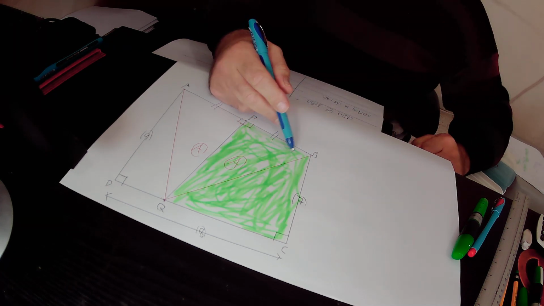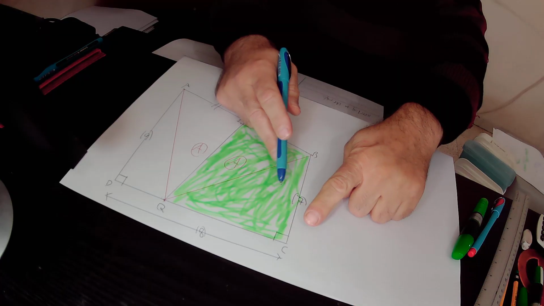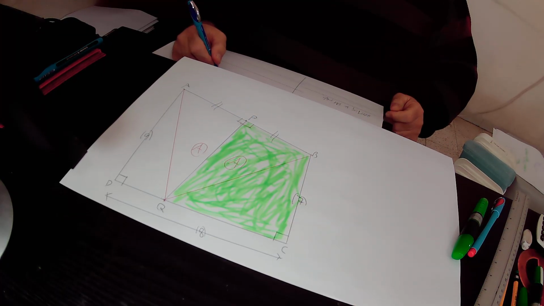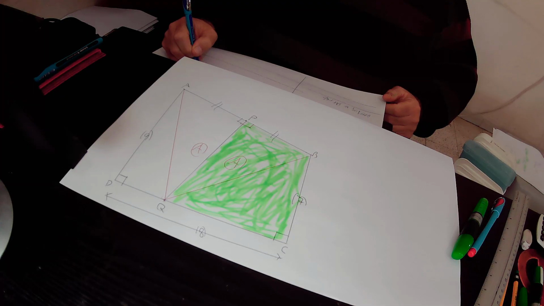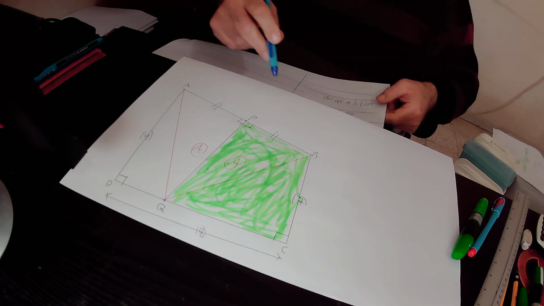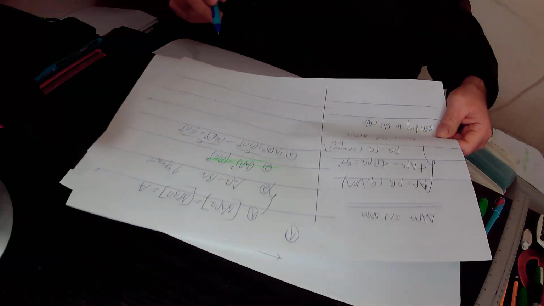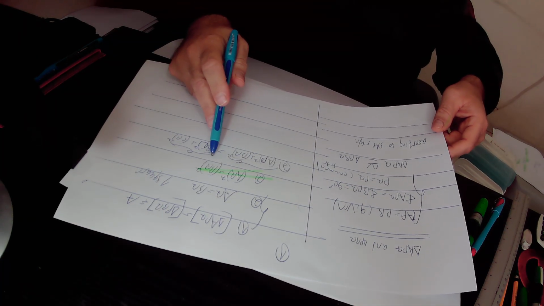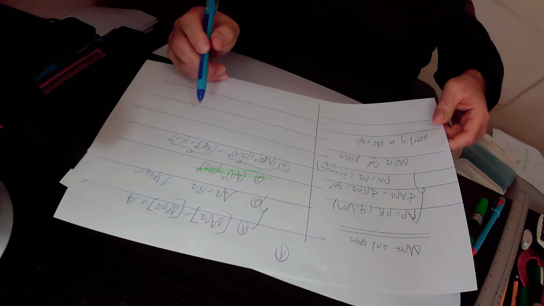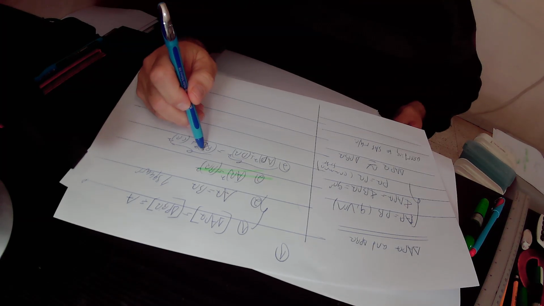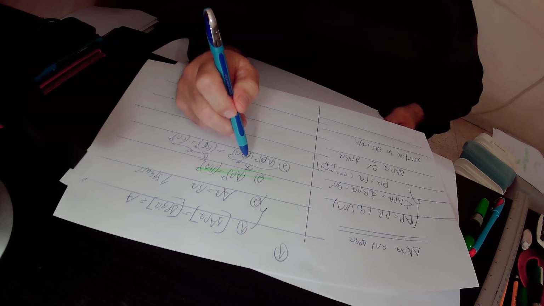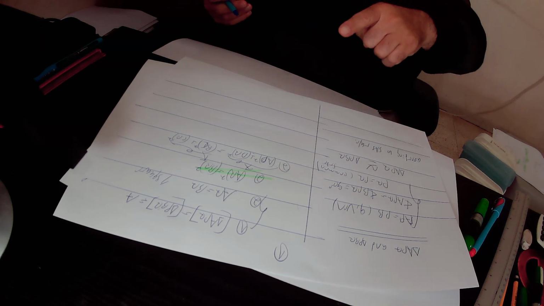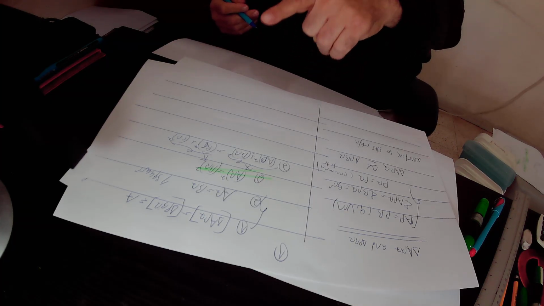Therefore, we can substitute BQ squared by BC squared plus CQ squared in this equation 2. So in total, according to equation 2, we found out that AD squared plus DQ squared equals BC squared plus CQ squared.